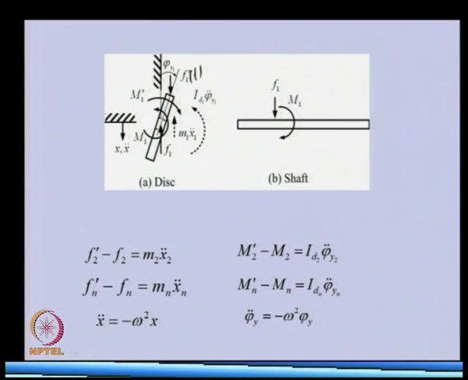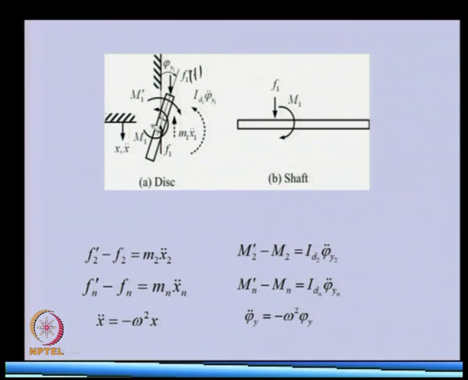Now, because this is the free body diagram of the disk, the disk was here, we have removed the disk from the shaft and drawn the free body diagram. So, obviously, at the hub of the disk we will have a reaction force from the shaft, F1, which will be there on the shaft also, and also the moment.